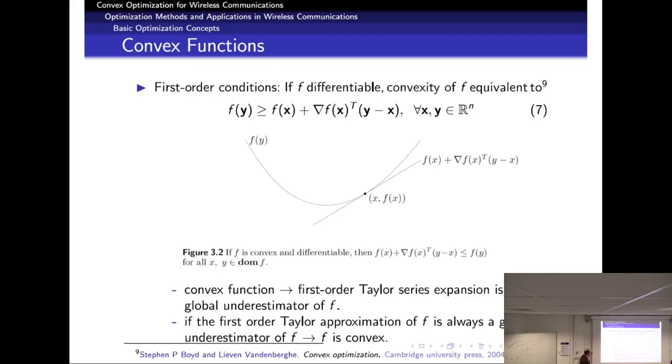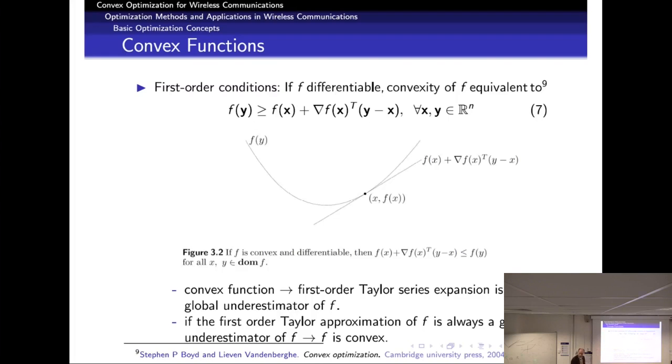So I can take any point y here, and I can take the Taylor expansion at any of those points, and this Taylor expansion will always be an underestimator of this function, right?